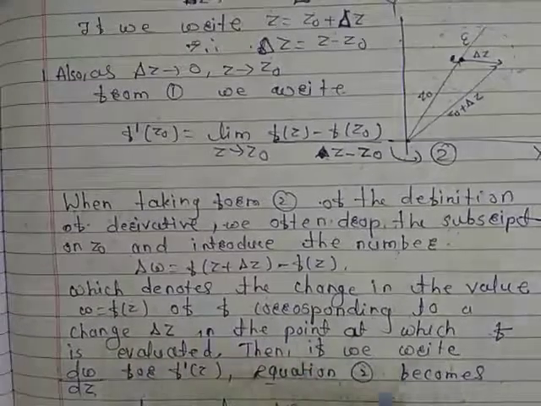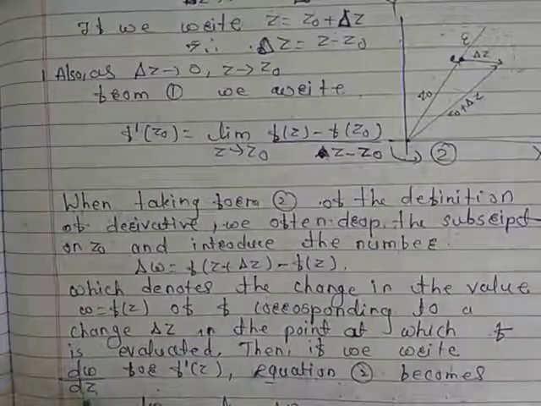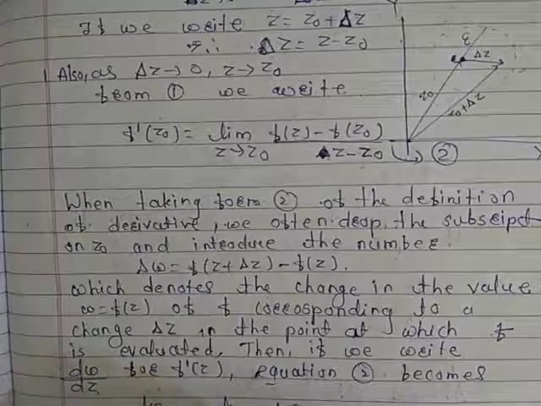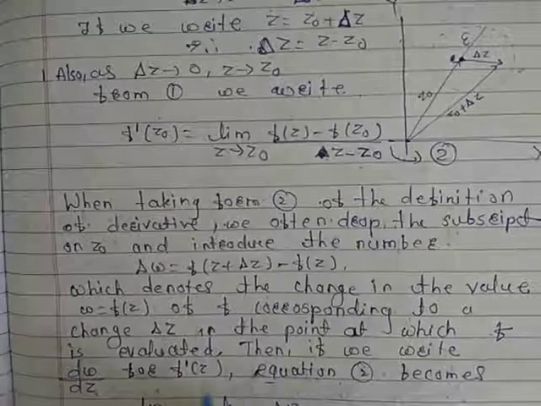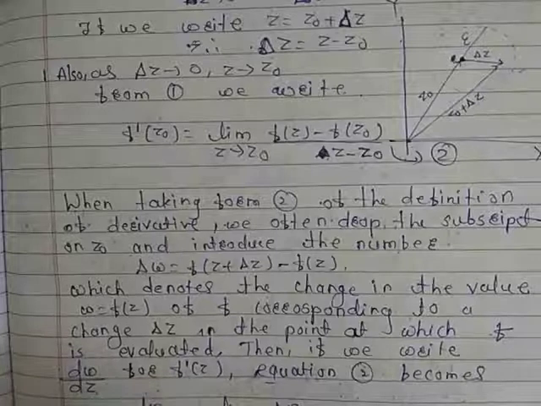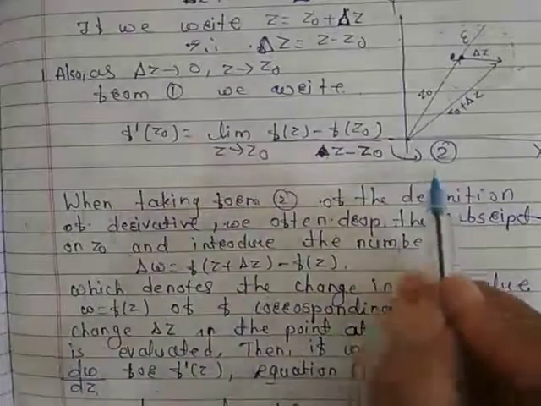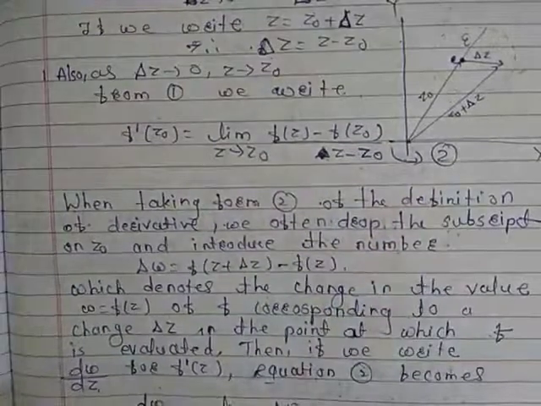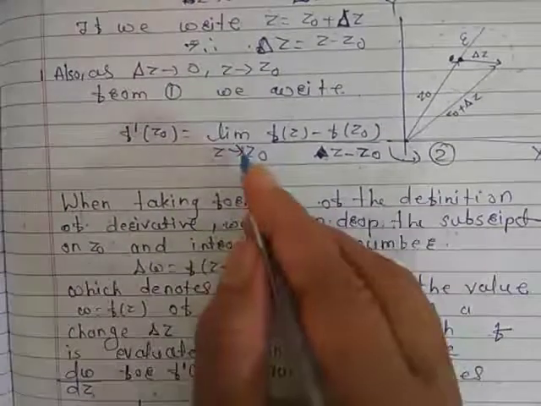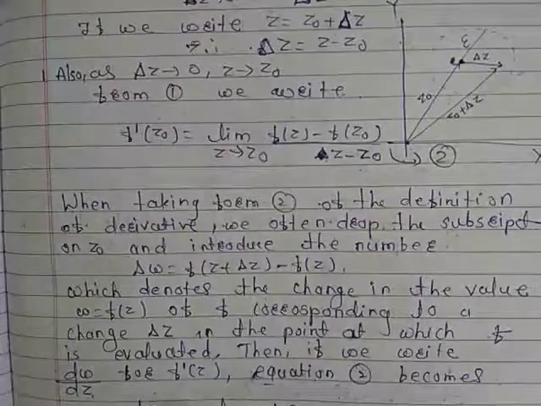Then we write f dash of z is equal to d omega upon dz, then equation 2 becomes d omega upon dz equals limit delta z tends to 0 of delta omega upon delta z.